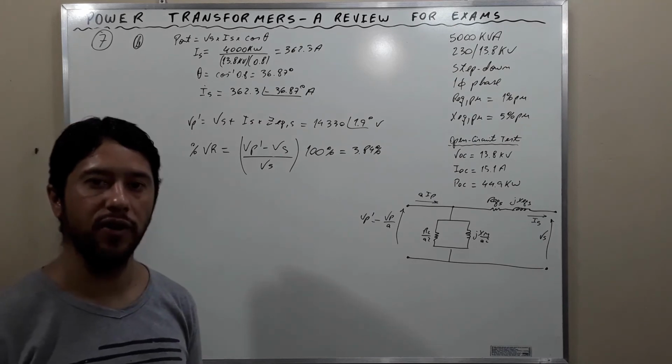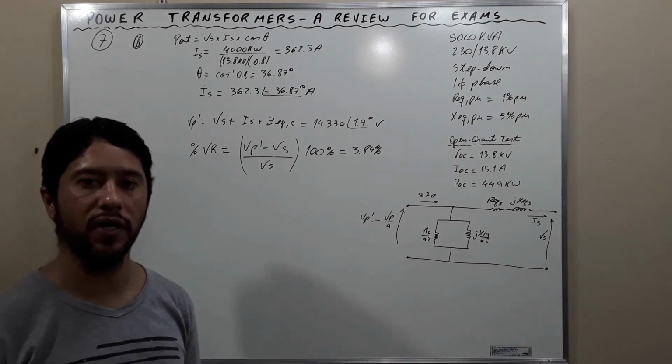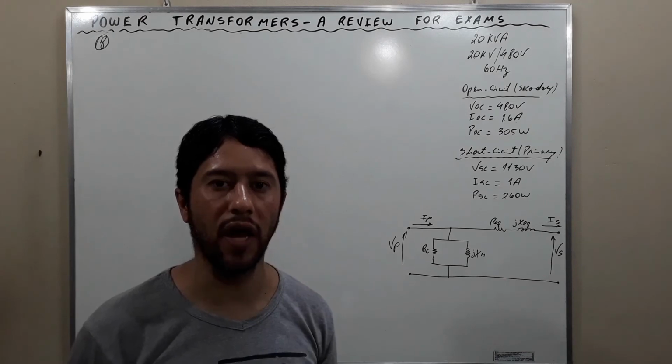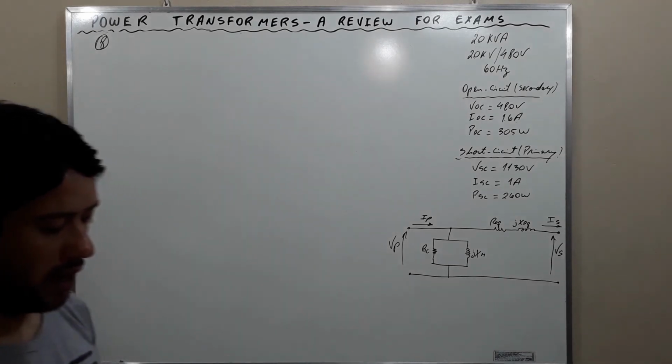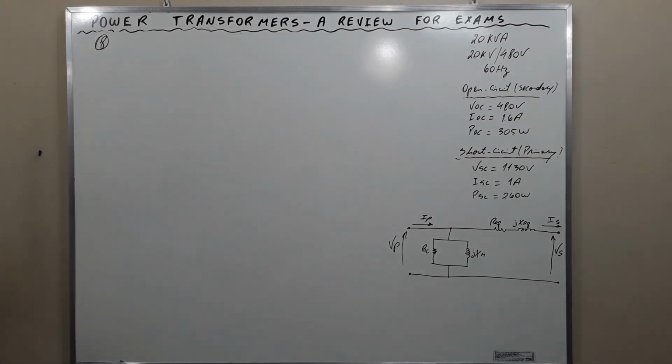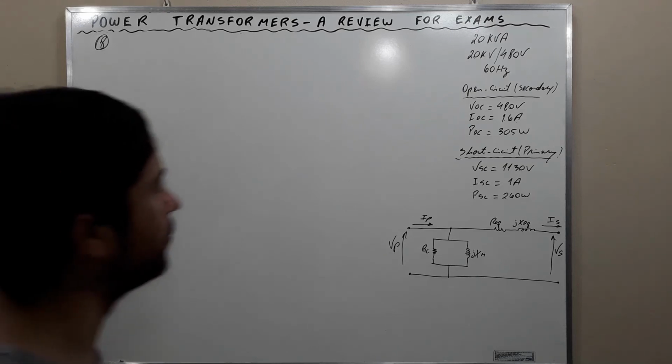Let's go to the last. Let's work on exercise 8. Exercise 8, a 20 kVA, 20 kV, 480 volts, 60 Hertz distribution transformer is tested, and the following data is obtained.